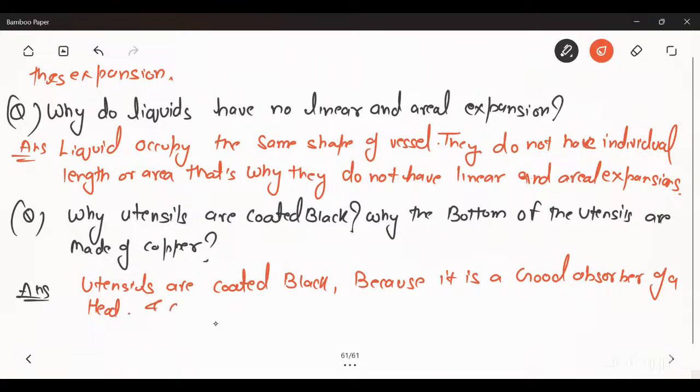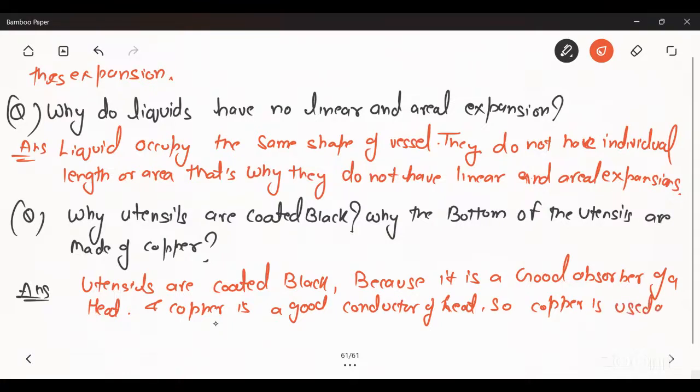So copper is used at the bottom of cooking utensils. Okay.